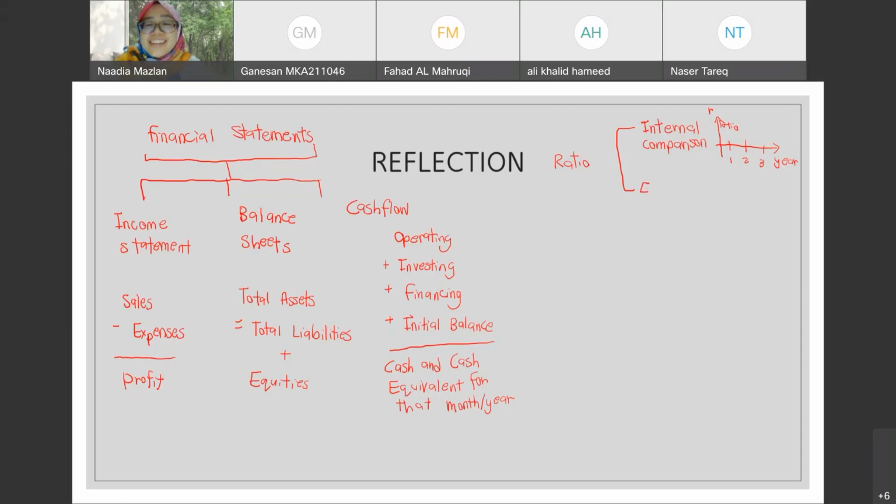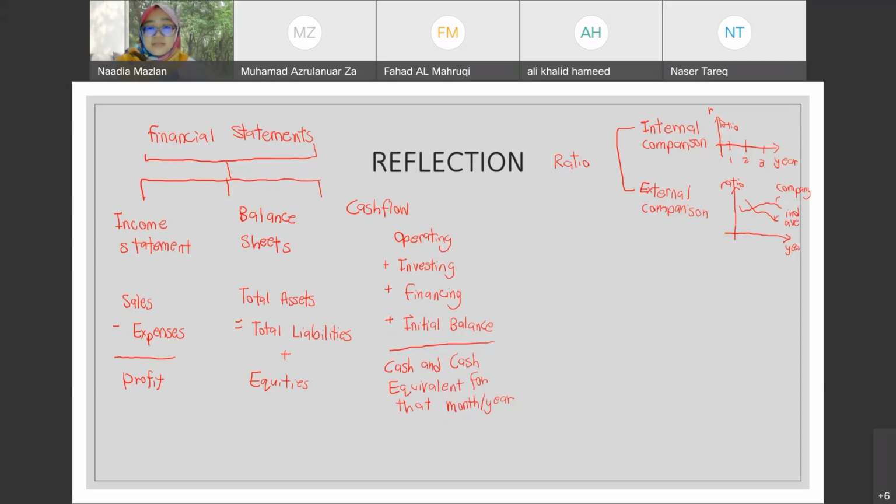External or industry average. Yes. In external comparison, we also have the ratio, maybe in years. However, you will have 2 types of lines. The first one is your company, and the second one is the industry average.